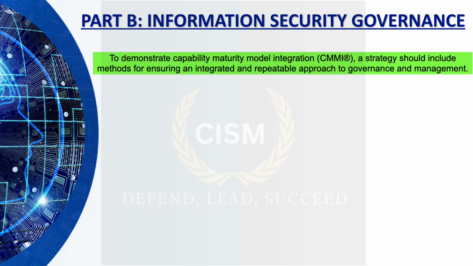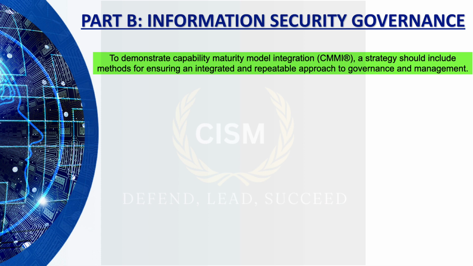The next point states that information security governance, to demonstrate capability maturity model integration, the strategy should include methods for ensuring an integrated and repeatable approach to governance and management. Right? Friends, achieving the capability maturity model integration requires a strategy that emphasizes an integrated and repeatable approach to governance and management.